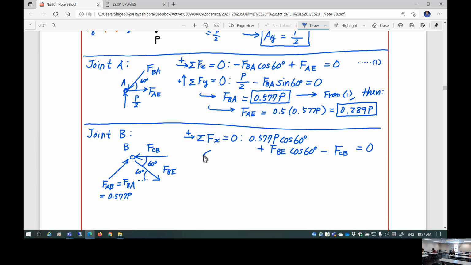Let's just simplify a little bit. FCB is equal to 0.289P plus 0.5 FBE. Again, this is one equation with two unknowns. Let's call this equation 2.